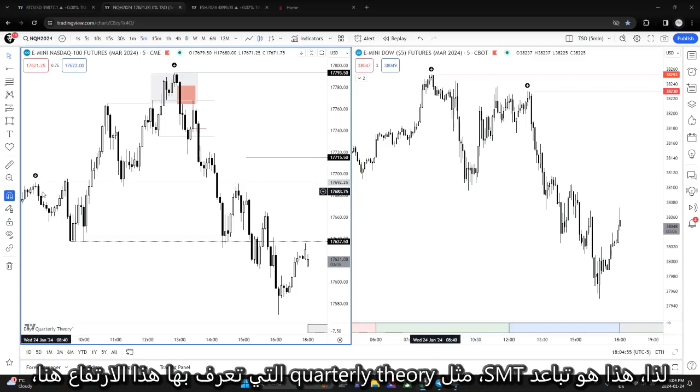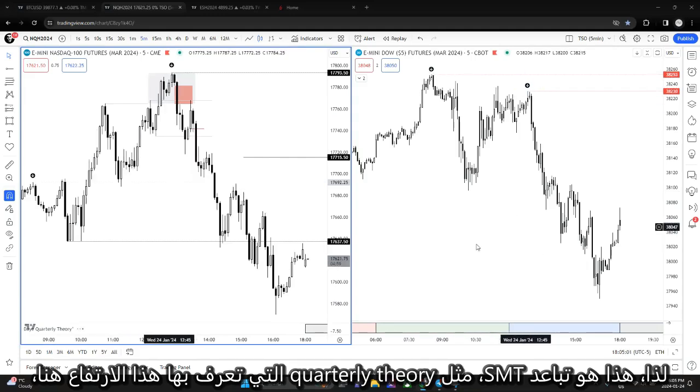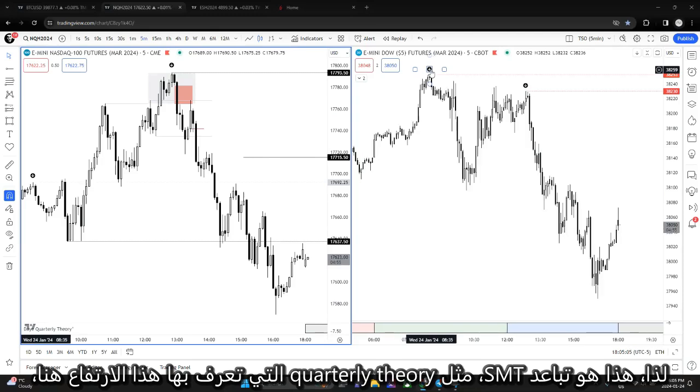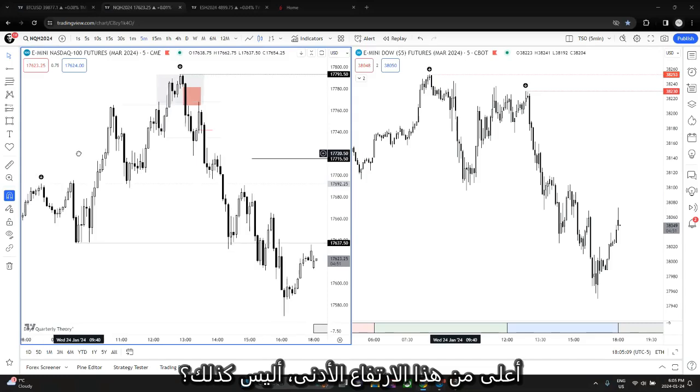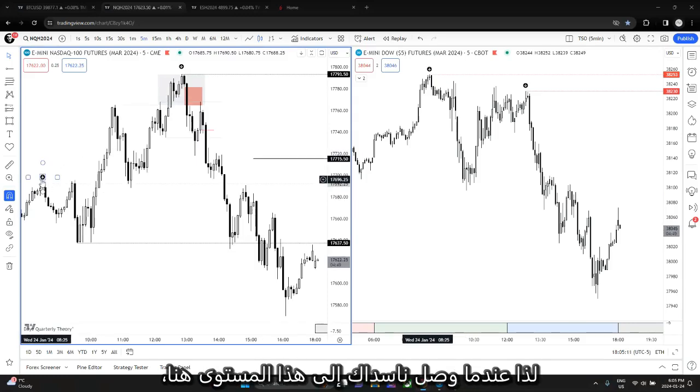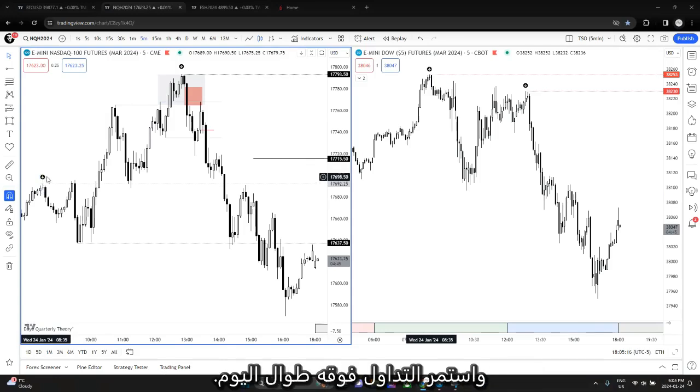So this is SMT divergence. Like with our quarterly theory, you know this high right here is higher than this lower high, right? So when Nasdaq made this high right here, throughout the day it continued to trade above it.